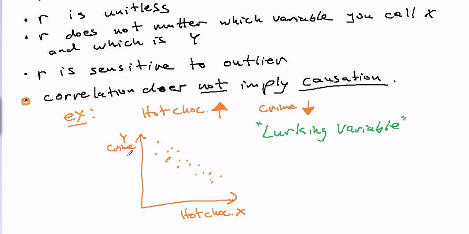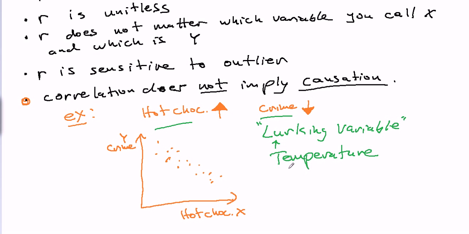Although those other crimes are also included in those numbers, most of them are petty crimes. And when are petty crimes usually committed? When people are out and about, when the weather is warmer. So maybe temperature in this case is what's actually lurking behind the scenes outside of our consideration, and it's actually driving both of these guys.